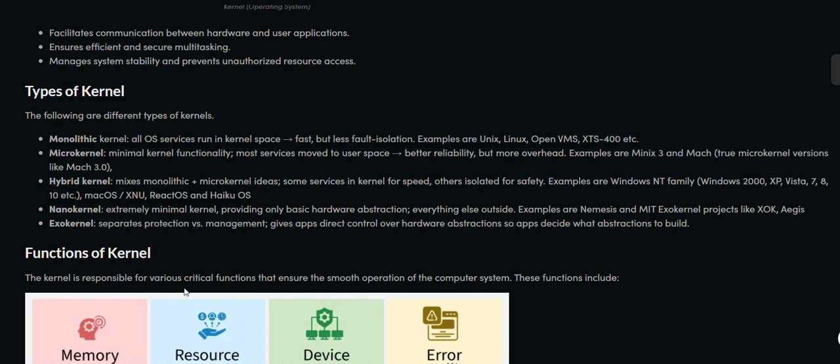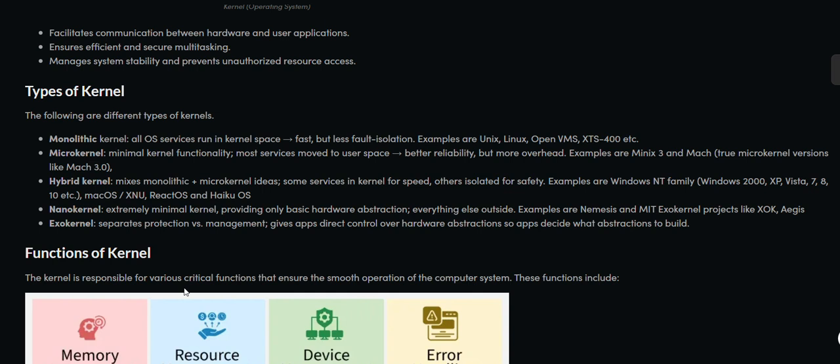In a monolithic kernel, the OS, the kernel, and user space are bound together, that means combined into a single thing, where it is fast, but less fault isolated. We use it in Unix, Linux, and OpenVMS.